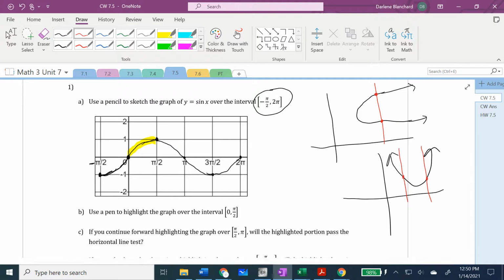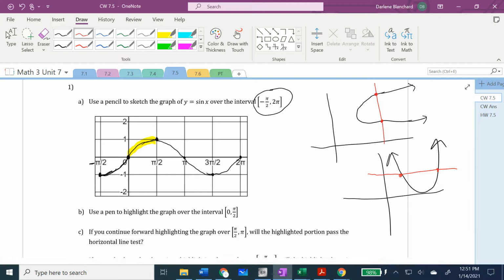So the horizontal line test is looking at if I draw horizontal lines, will I cross the graph more than once? If so, then I have failed. If you cross a graph more than once for any horizontal line, then the inverse of that graph is not a function.